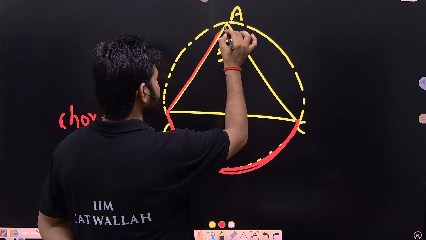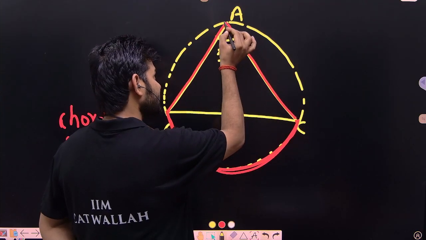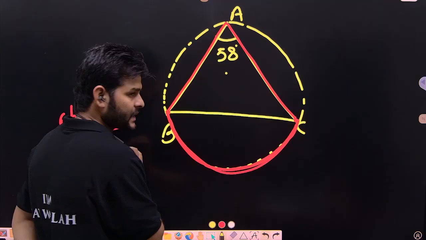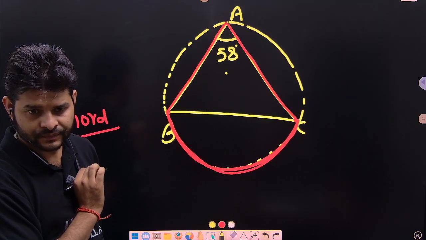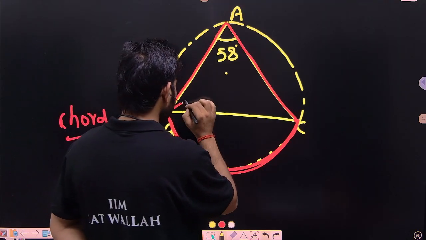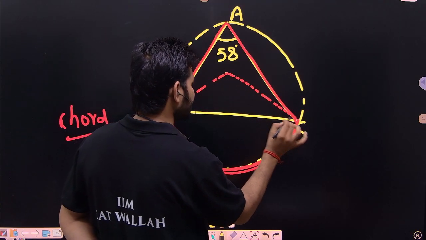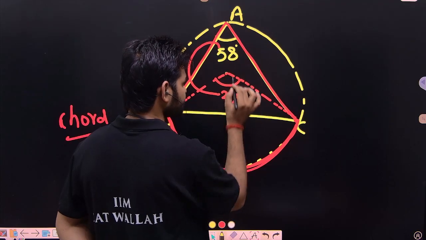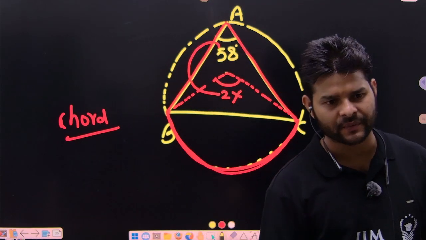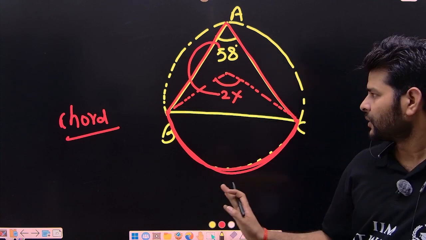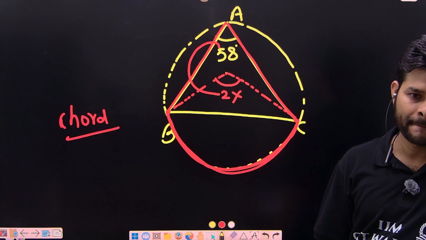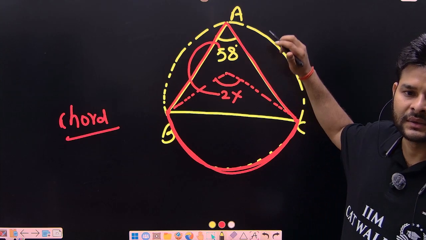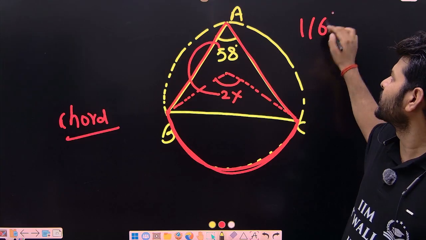Whatever the angle is formed on the circumference of the circle by using these two vertices, and the same angle is formed at the center, this angle at the center is always 2 times the angle at the circumference. Always, forever, that would be the power. So how much would that be now? 58 into 2, 116. That would be the answer.